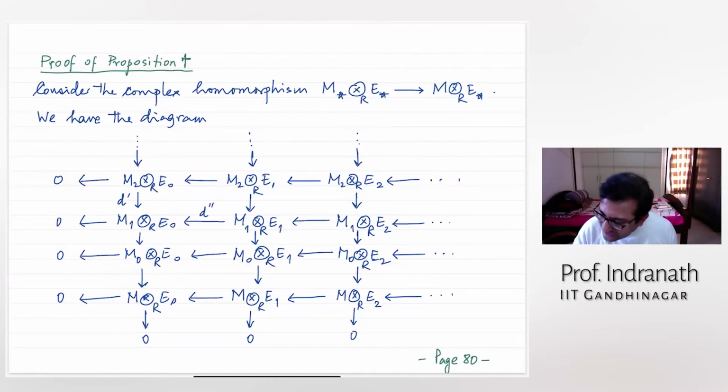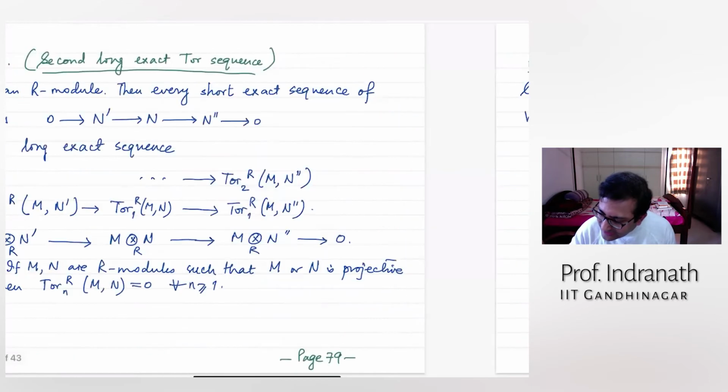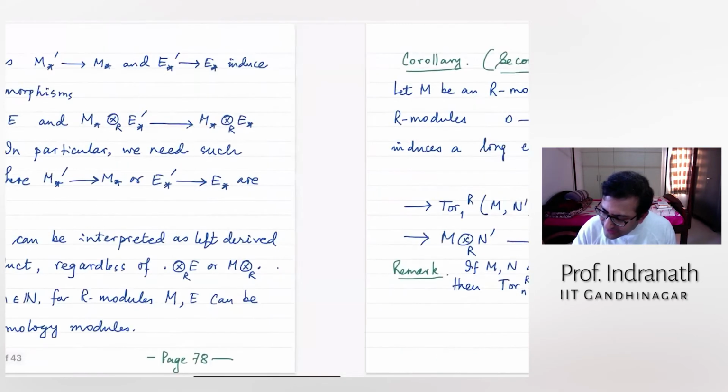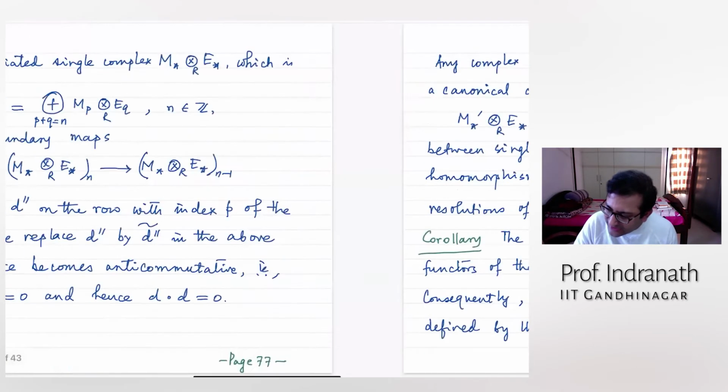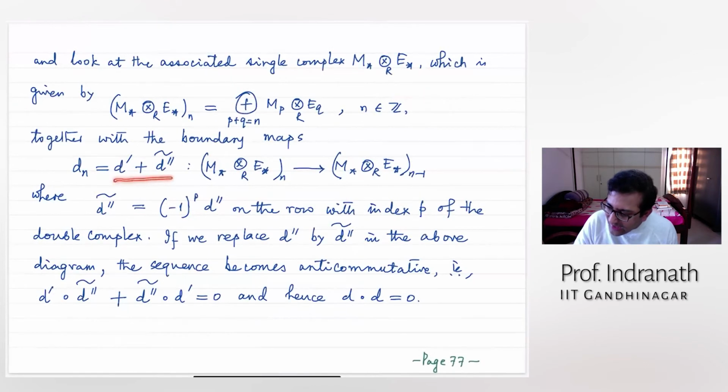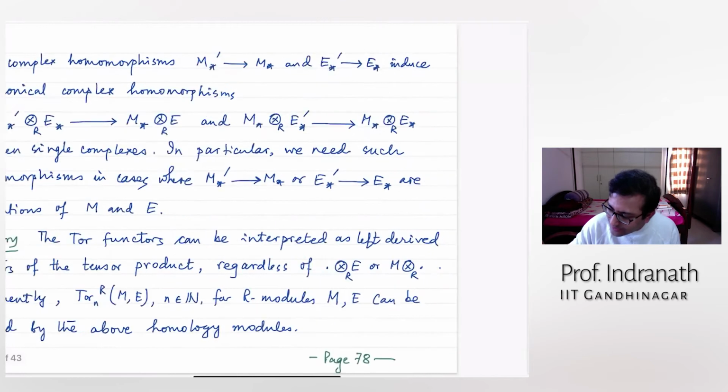If you remember, just remember this much. It is all right, but just remember that you will be basically adding D dash and D double dash, but with a sign at the pth row. So therefore, odd and even, it will be either plus or minus, or rather minus or plus. That's what you have to just remember.